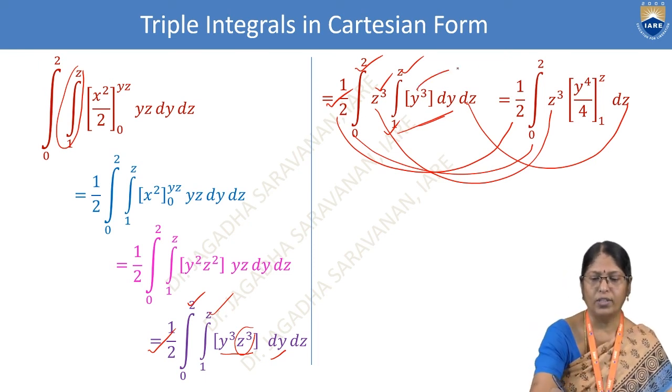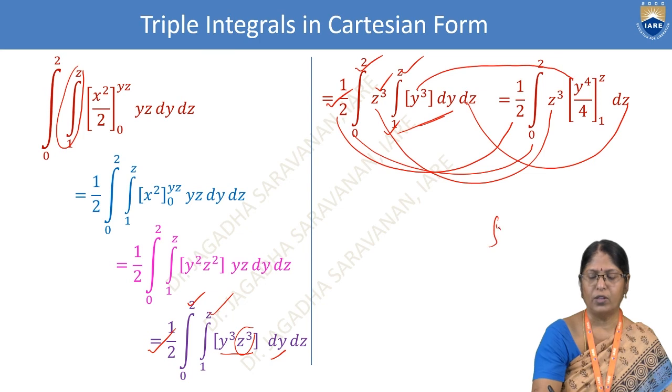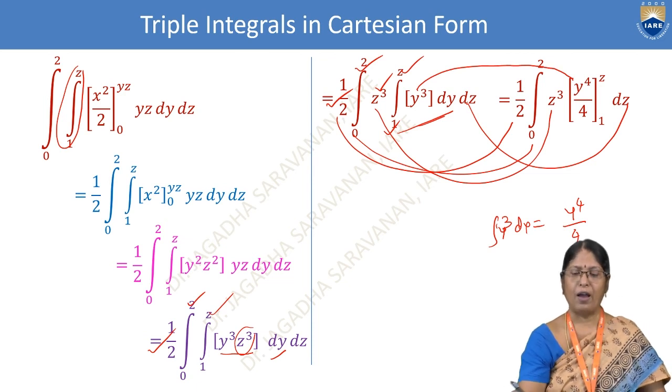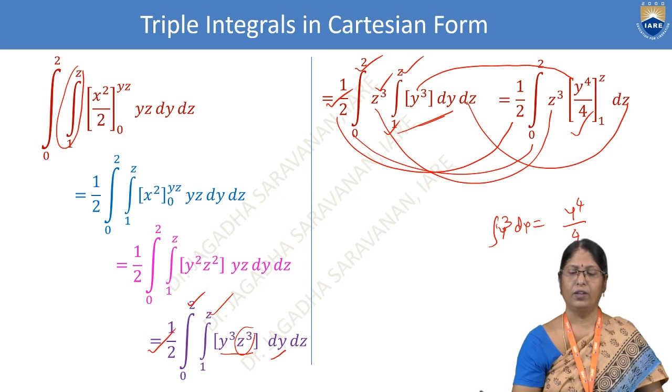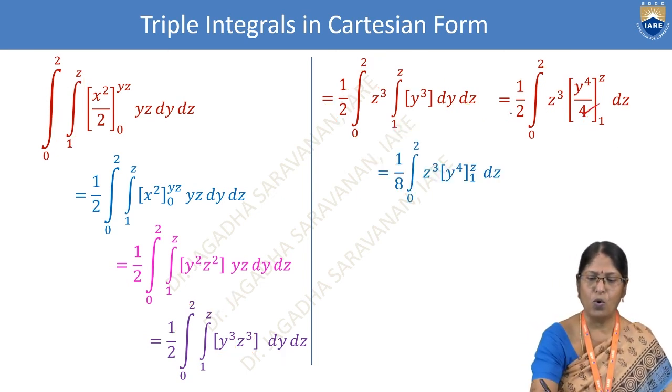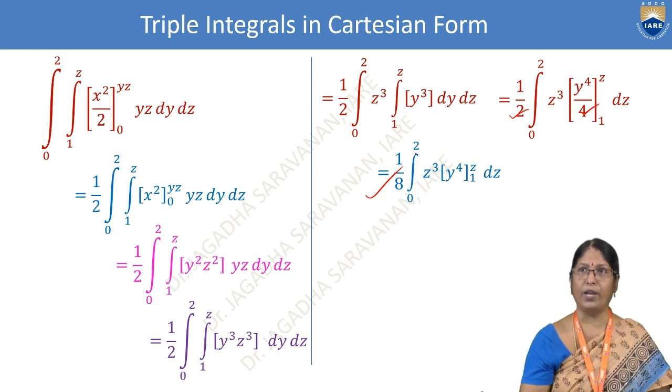So now y cube dy is nothing but y power 4 by 4, after integrating. That is what is written here from 1 to z. So now this 4 and 2 put together make 1 by 8.